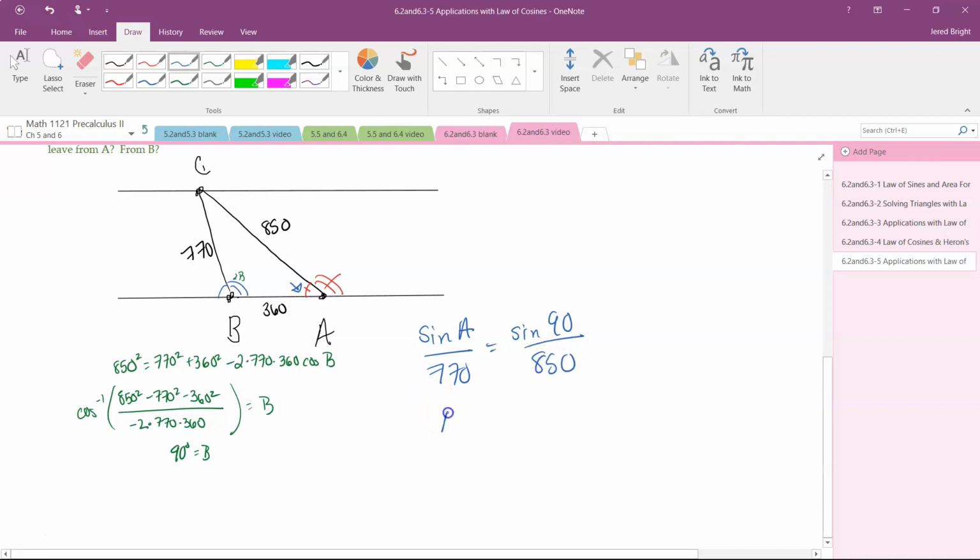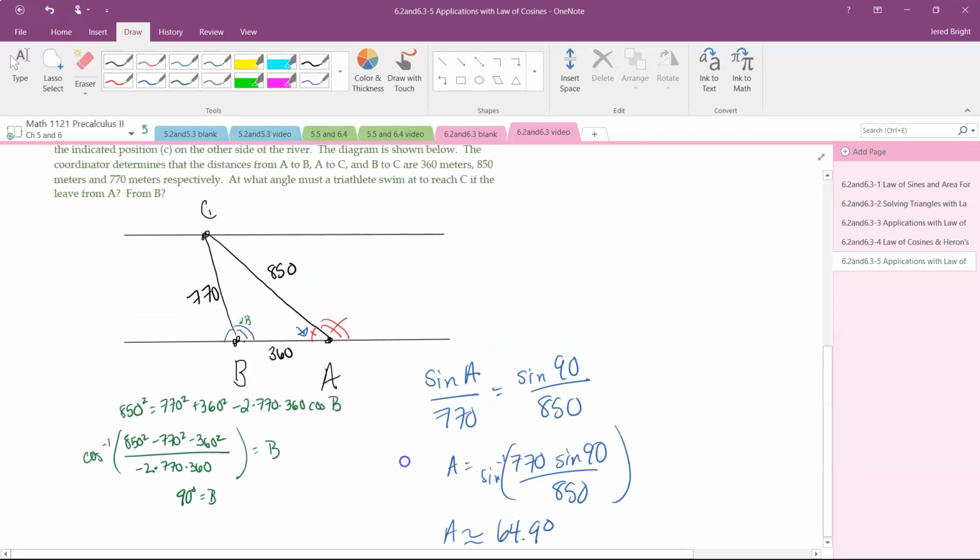Okay, solving for A, I would do 770 sine 90 over 850, and then do inverse sine of that whole thing. So then for angle A, I get 64.9 degrees about, okay, after you round.